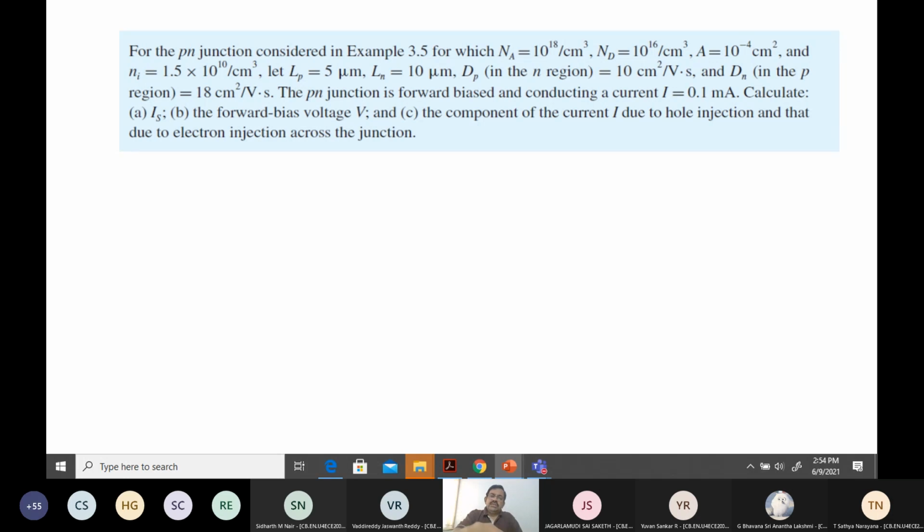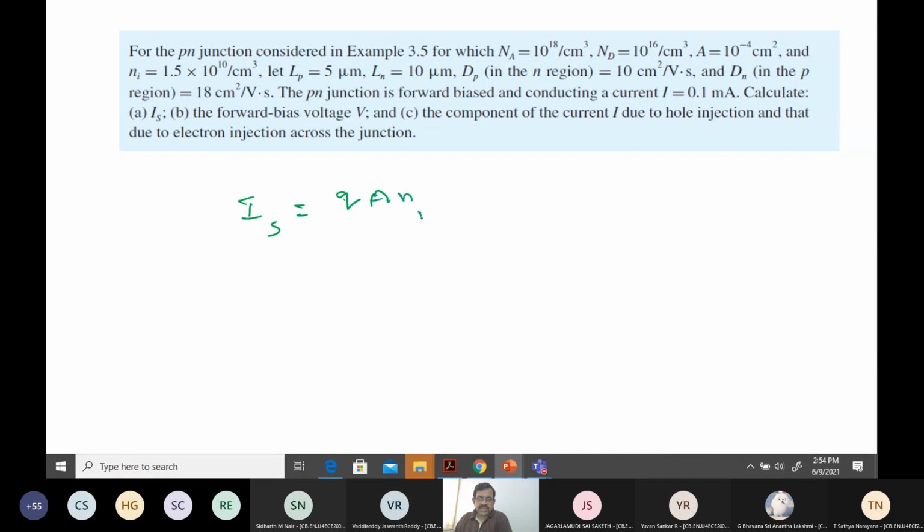The PN junction is forward biased and conducting a current I equal to 0.1 milliampere. Calculate Is. So it's a straightforward problem. You can start doing this. Is equal to, please check this formula.